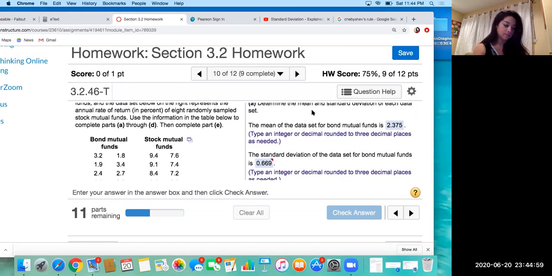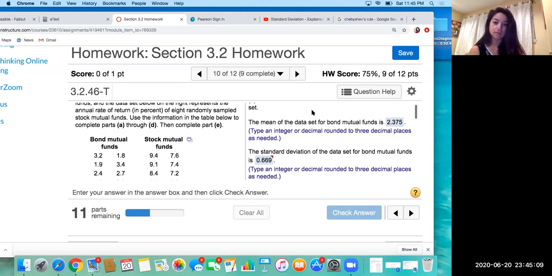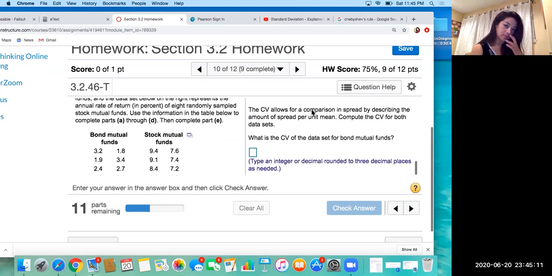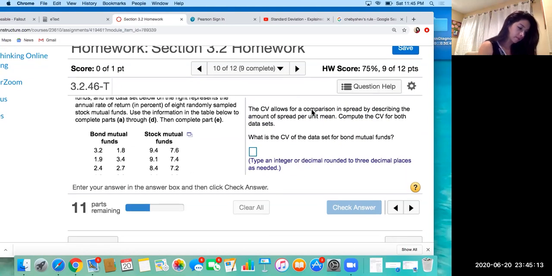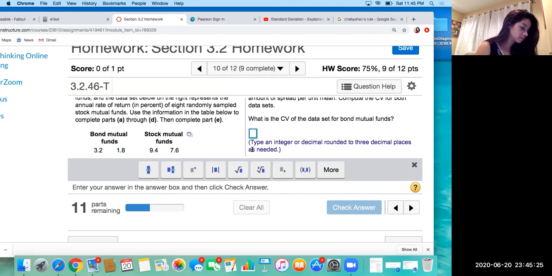Okay. 2.375, 0.669. And that's going to be my 0.669 divided by 2.375. Typed it in around 3 decimal places. 282.